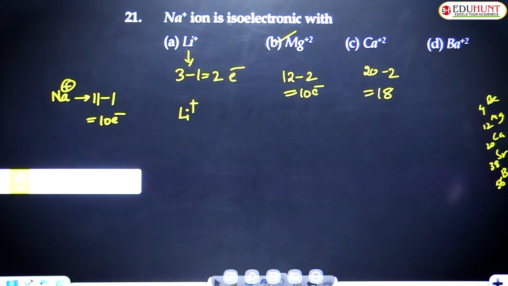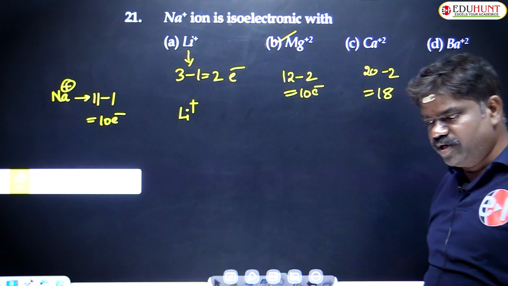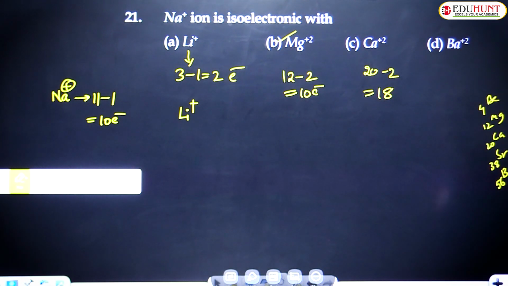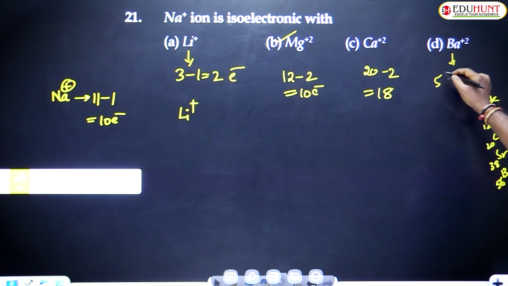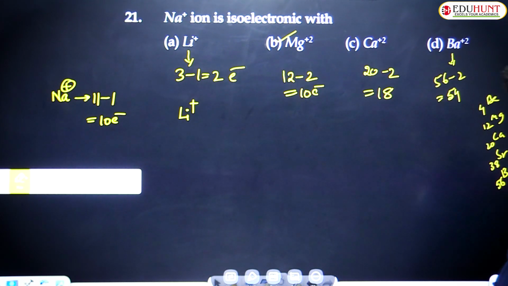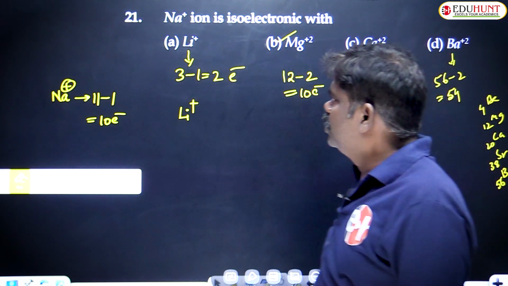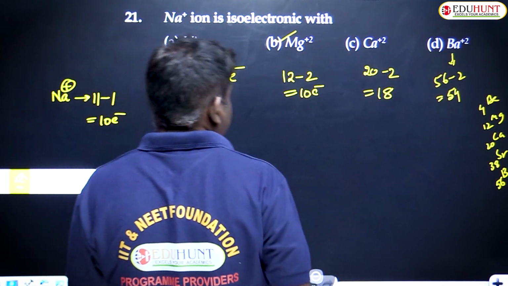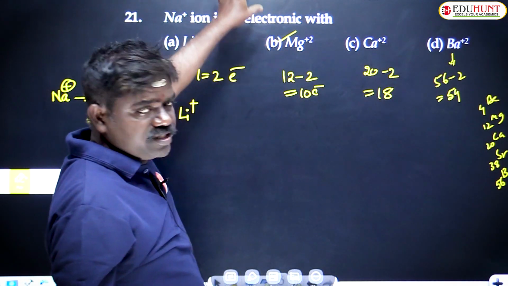Understood? The atomic number of barium is 56. Then 56 minus 2, 54 electrons present. So Na plus ion is isoelectronic with Mg2 plus.